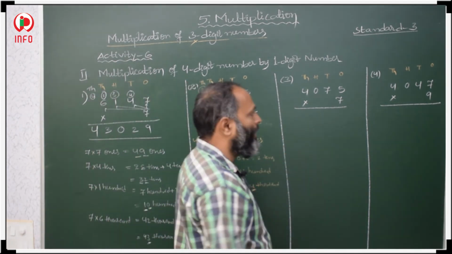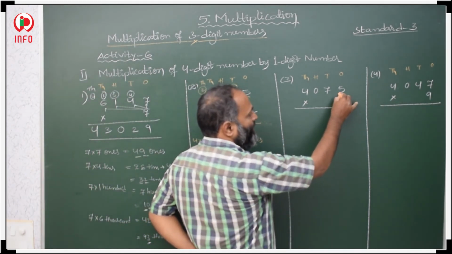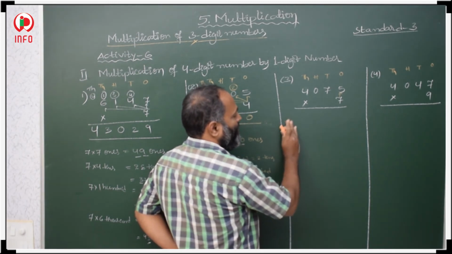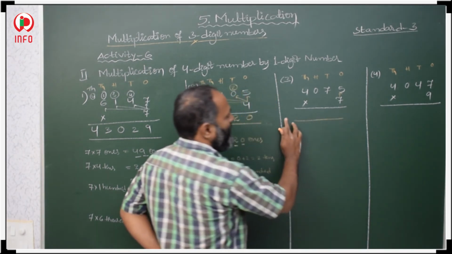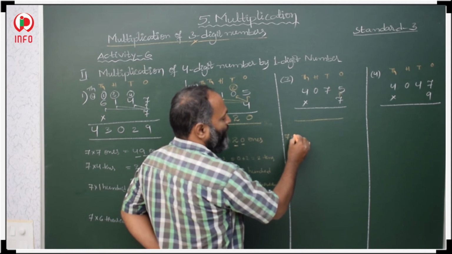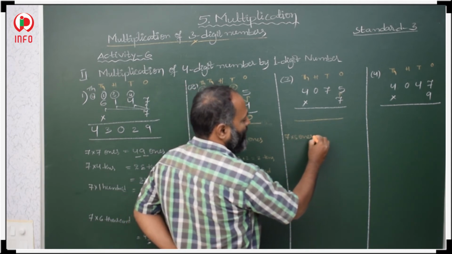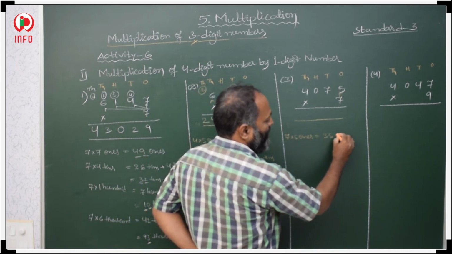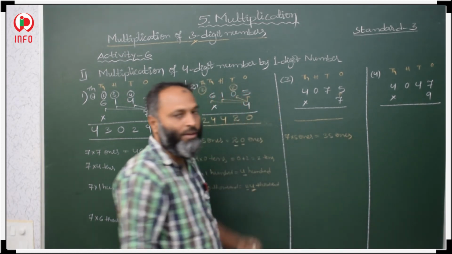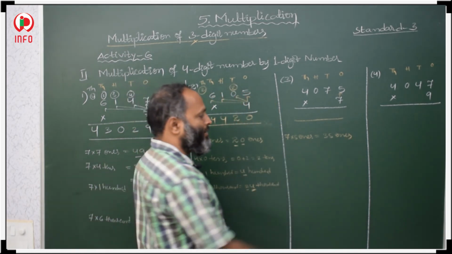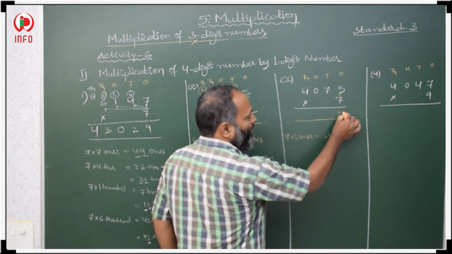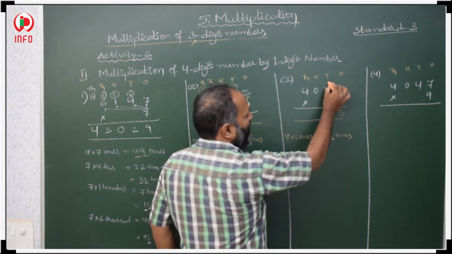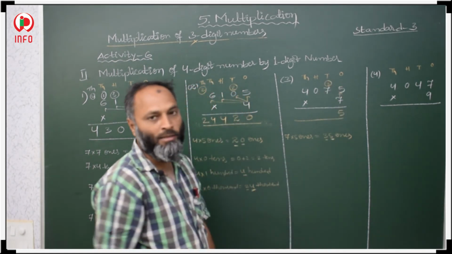Now again here multiply 7 with ones place. First, you leave some space to write your answer. 7 into 5 ones, 7 fives are 35 ones. 35 ones, it is a 2 digit number. So here 5 in ones place, 3 carry over on tens place.